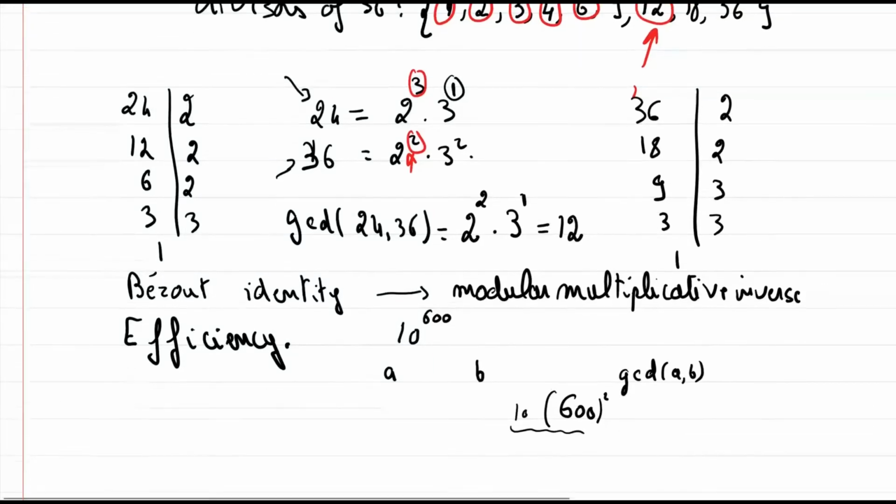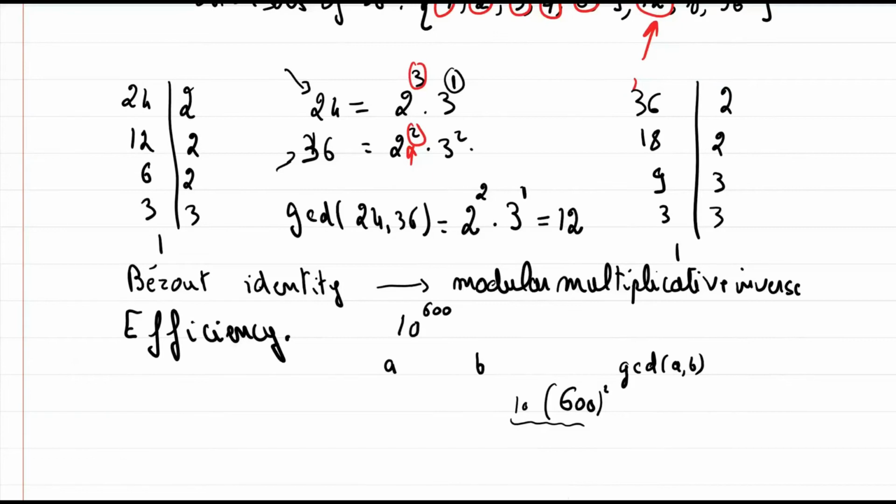But if your computer wants to compute the greatest common divisor using one of the above algorithms, it will have to make around 10 to the 600 steps, which is a huge number, which no computer can do. And the reason is that there is no efficient algorithm to find the prime divisors of a given large number.